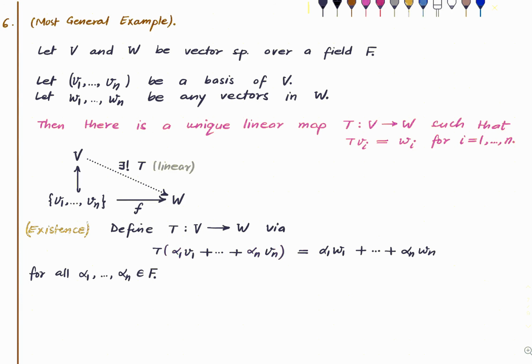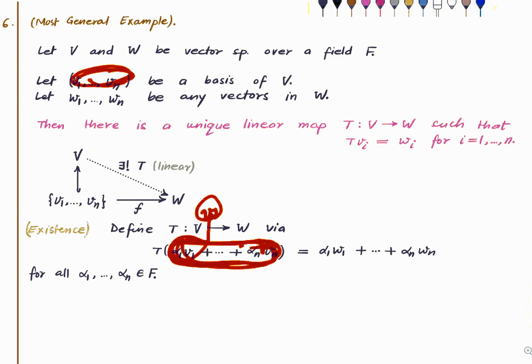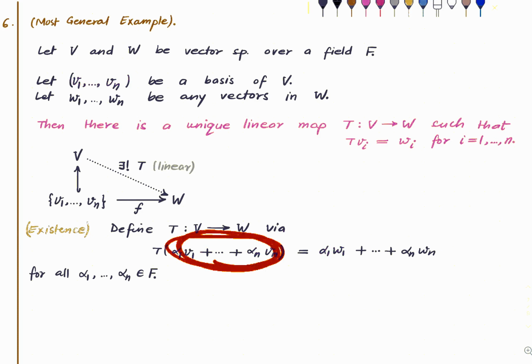So once you pick a vector v, first you find the unique scalars alpha_1 up to alpha_n such that this linear combination is equal to v. There exists such a unique linear combination only because this was a basis, not just some spanning set. And now, using that representation, you define the image.